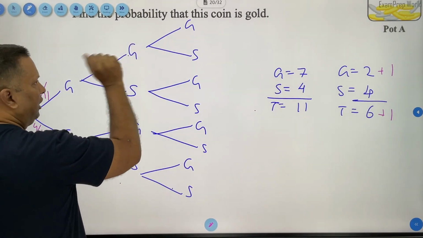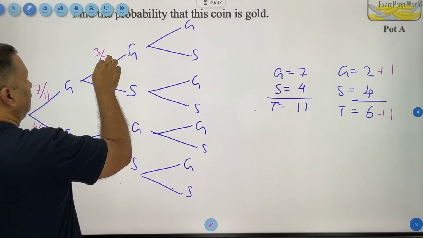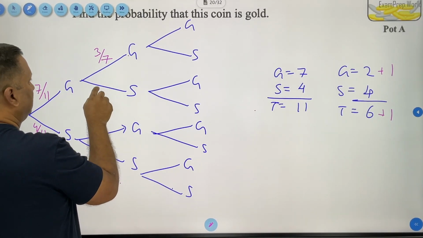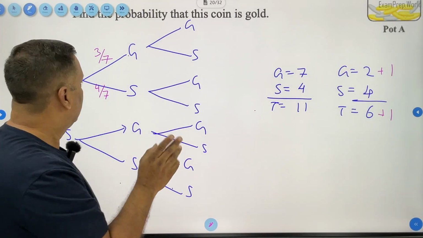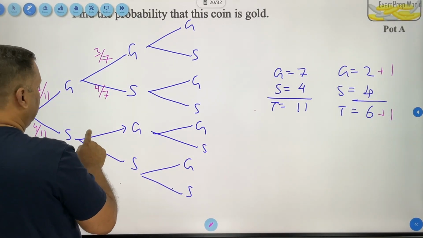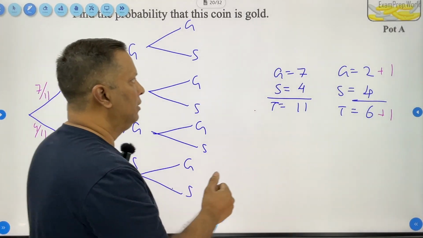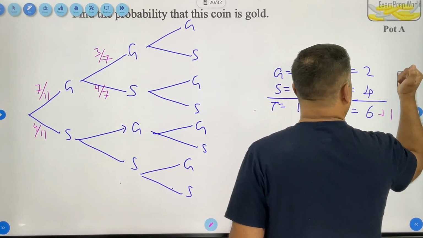So the probability of selecting gold is 3 on 7, and the probability of silver is 4 on 7. Why? Because the total is increasing, 4 on 7. And in the first time, if it is silver, then what will happen?